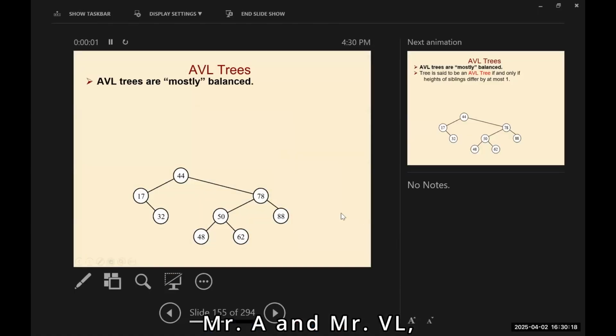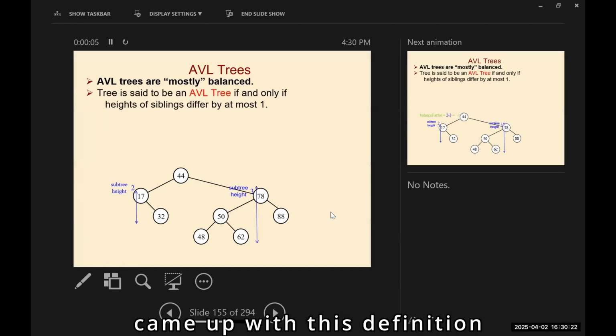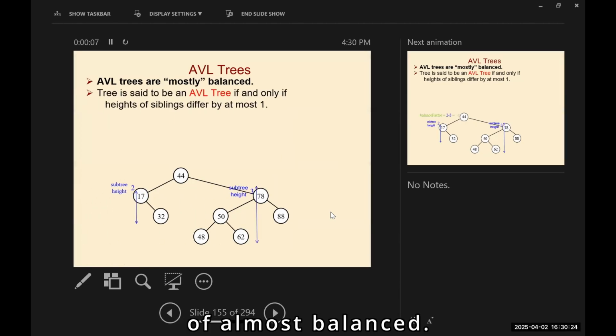So Mr. A and Mr. VL, or something like that, came up with this definition of almost balanced. For every node, you calculate the height of the left tree, and we're counting number of nodes. That's 2. And the height of the right tree, that's 3.